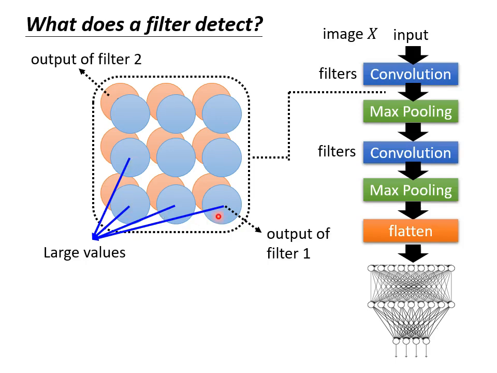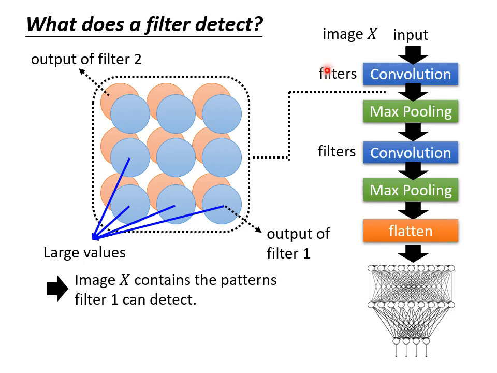What does that imply? That might imply that there are many features in image X that filter 1 is in charge of. There are many patterns in this image that filter 1 is responsible for detecting. When filter 1 sees these patterns, the output value of the feature map has a larger value.